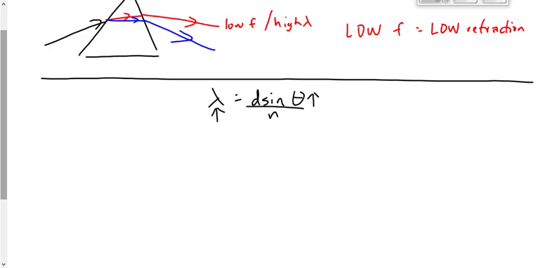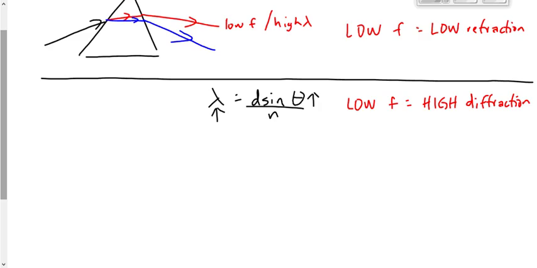In other words, as the value for lambda is higher or the value for frequency is lower, then the more angle we get, the more spreading out we get. In other words, we're going to say this time low frequencies or high wavelengths, you will get high diffraction. In other words, it's the opposite of refraction.